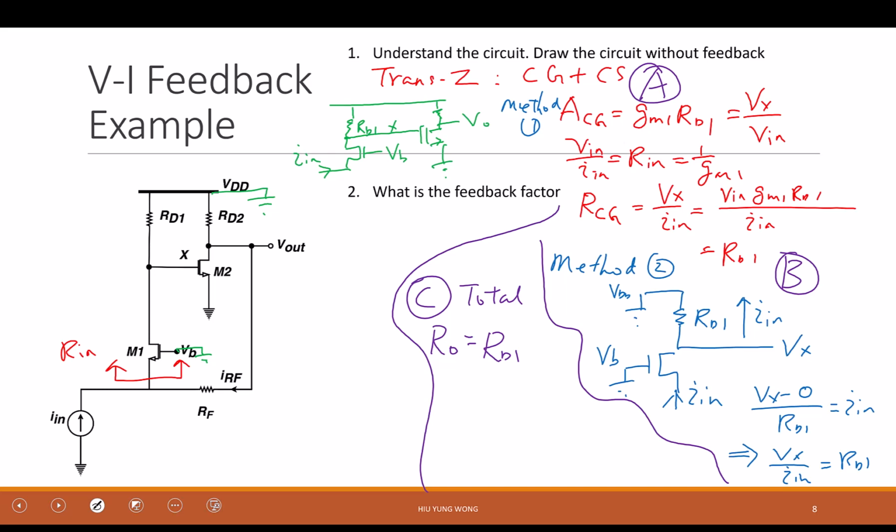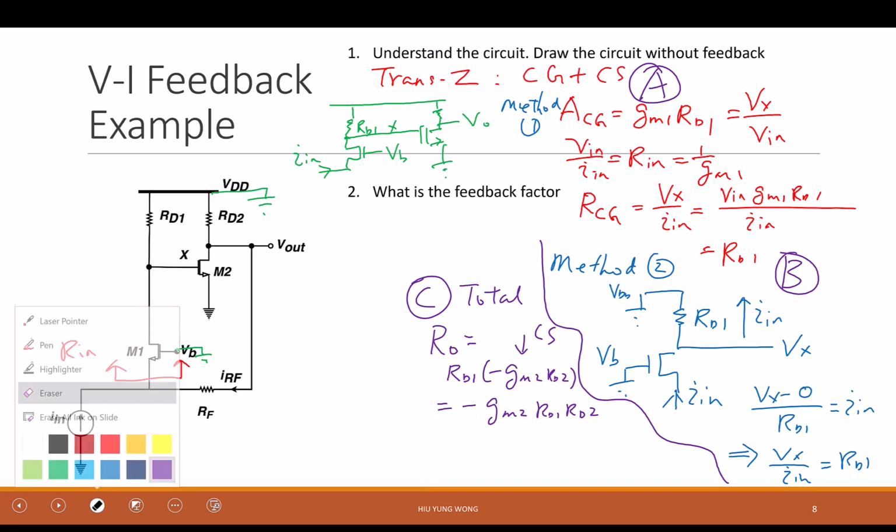You need to be careful of this, otherwise a negative feedback will become a positive feedback. Everything will screw up. RD1 times negative Gm2 RD2. This is due to the common source. So it is negative Gm2 RD1 RD2. Is the unit correct? It's still transimpedance, right? Because Gm times RD is unitless. So it is still correct. This is a good way to check.